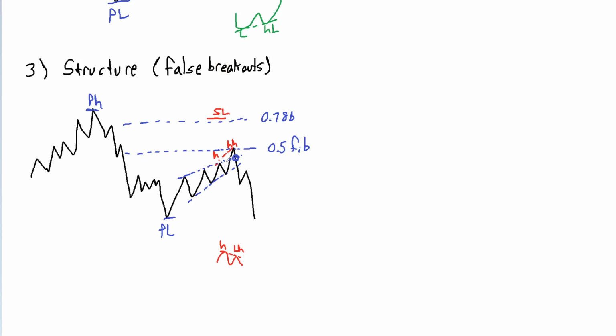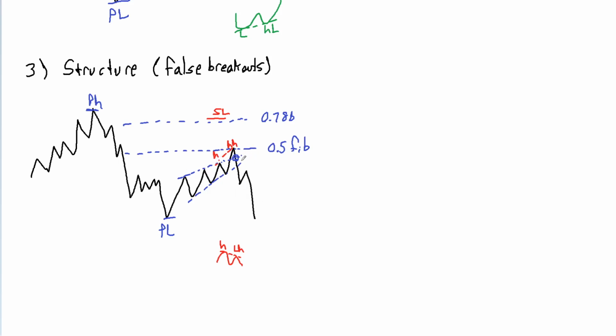But since we have this structure, we have all this confluence right here, and we reject and we fall back within that structure, what that tells me is that this bullish structure has not played out, and there's going to be a lot of people getting out of their long positions that bought this breakout. And what it'll do is force price down, and when it forces price down, then some other people start to think that it's just a reversal of this internal retrace, and then you get a continuation deeper.